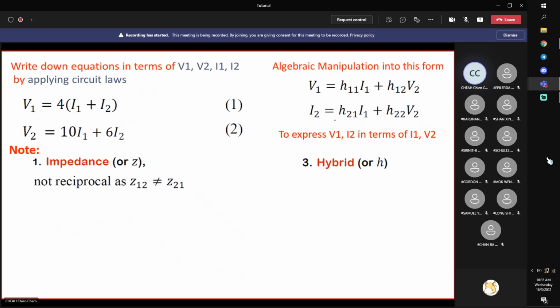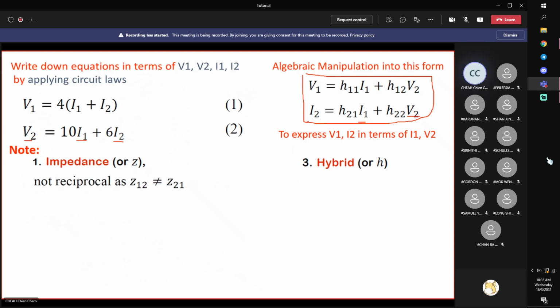Let's transform it into hybrid form. For hybrid forms, look at the desired form first, and then compare with the current form obtained through circuit analysis. I will start with equation 2. Why? Because they have the same sets of parameters: V2, I1, I2.